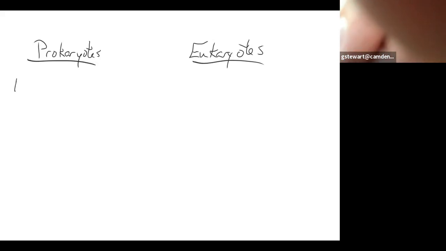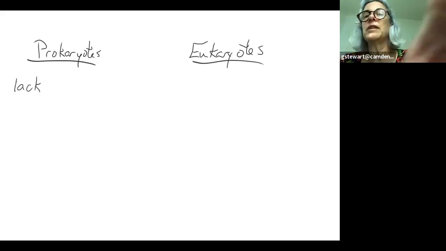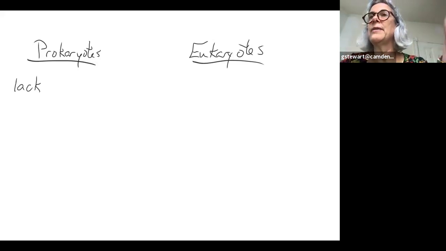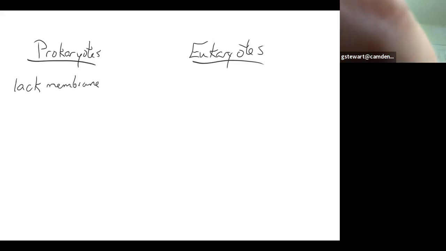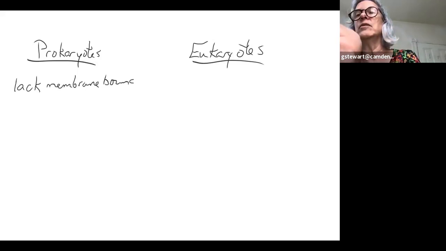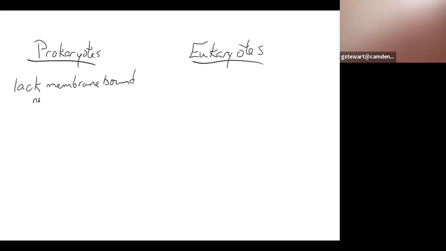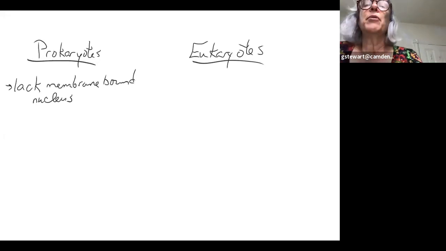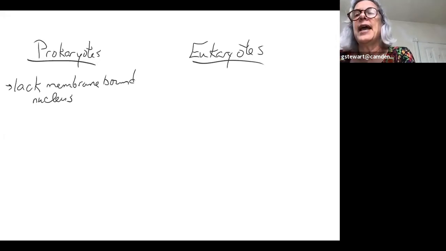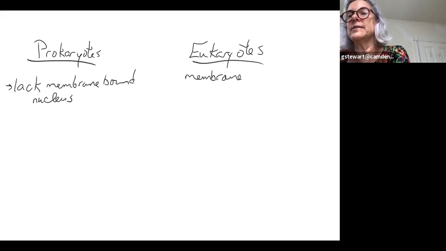And because we're in a 200 level class, we're going to use more sophisticated language than just no nucleus. We want to say they lack a membrane-bound nucleus. And I would remind you from Bio 1 that membrane is a phospholipid bilayer, and that's really important because we're going to see that prokaryotes have what we refer to as a nuclear area, but there's no membrane around it. And eukaryotes, we would say, have a membrane-bound nucleus present.